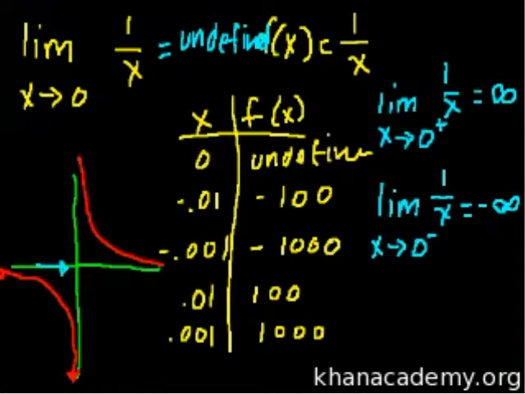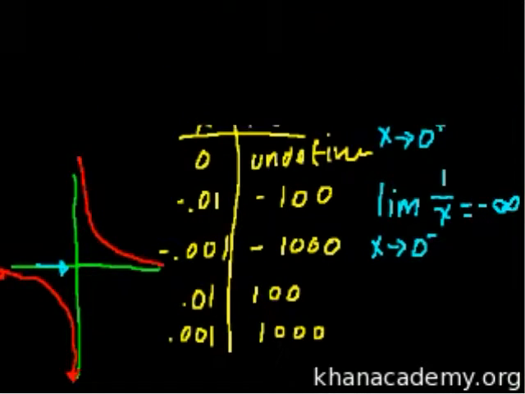So let's do another problem. And I think this should be interesting now. So let's say, just keeping that last problem in mind, what's the limit as x approaches 0 of 1 over x squared?